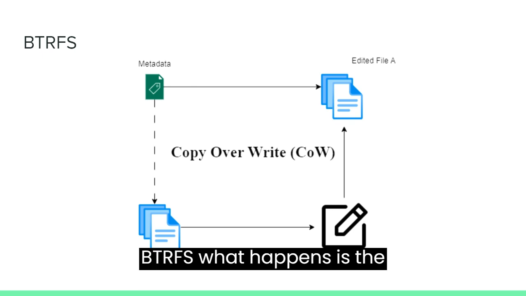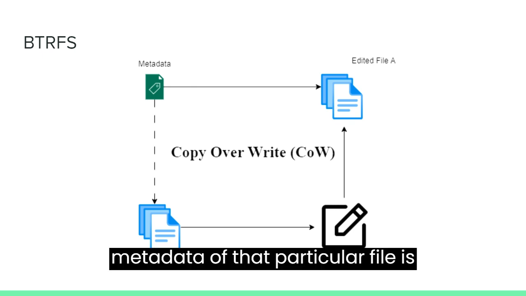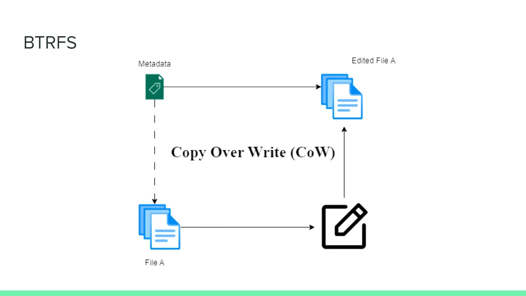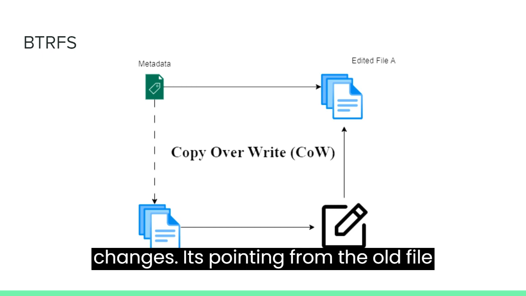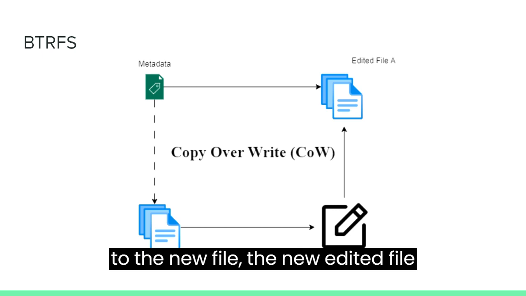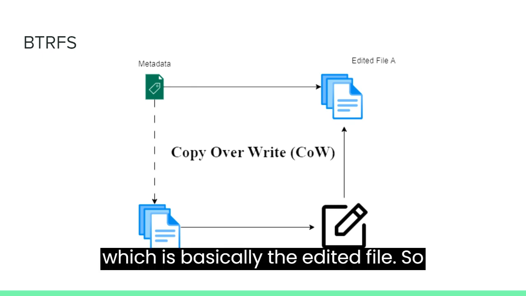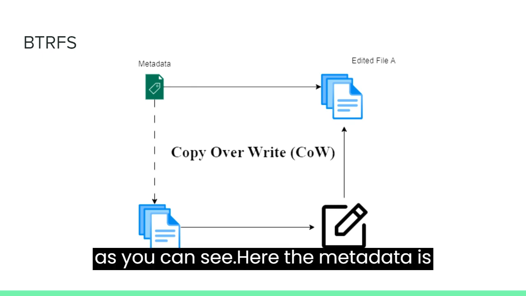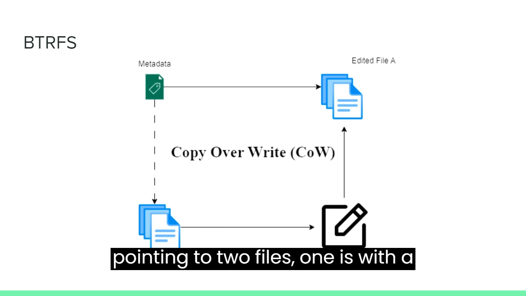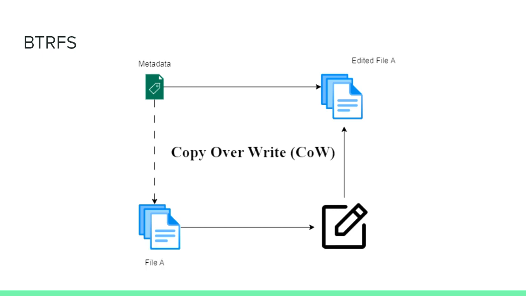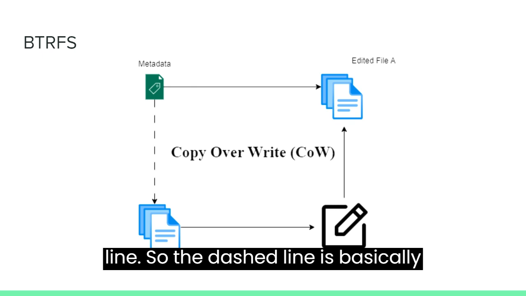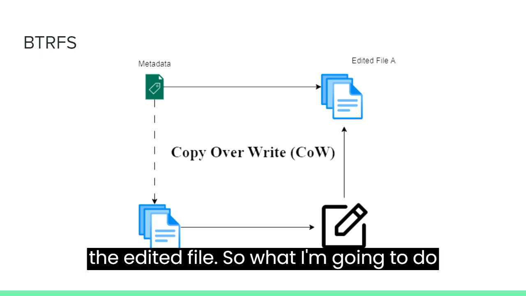But in BTRFS, the metadata of that particular file A is still kept and only the metadata changes its pointing from the old file to the new edited file. So as you can see here, the metadata is pointing to two files. One is with a dashed line and one is with the bold line. The dashed line is basically the old copy and the bold line is the edited file.